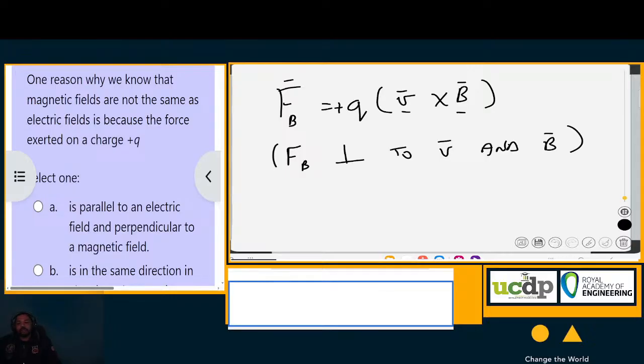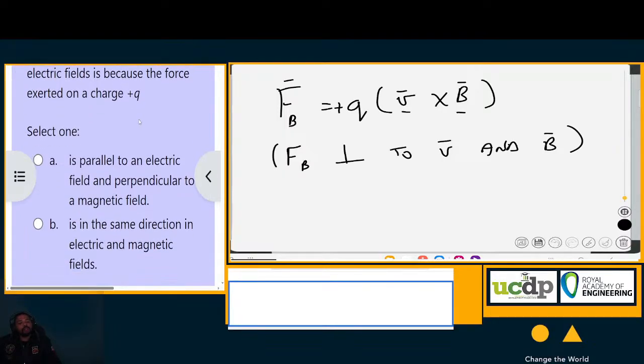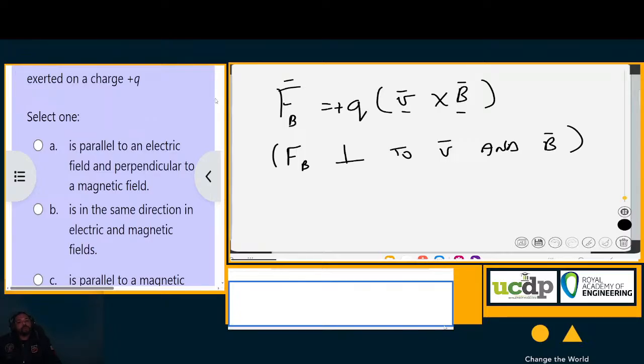So let's look at the options that they provided here. The question again is, give us one reason why we know that magnetic fields are not the same as electric fields. Because the force exerted on a charge, we need to look at it in terms of forces, and we did that.